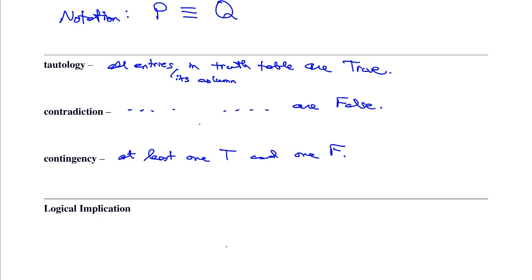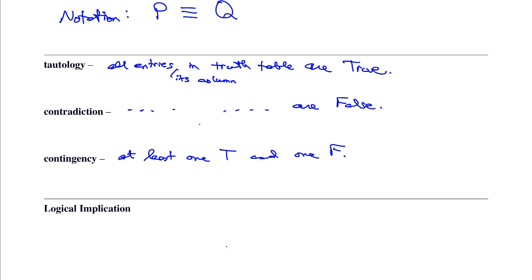You can't. So true and false would be false. False and true would be false. They're all false. That's a contradiction. I don't know of one offhand that has two letters, but I'm sure there's one as well. Well, we may hit one here in a second.